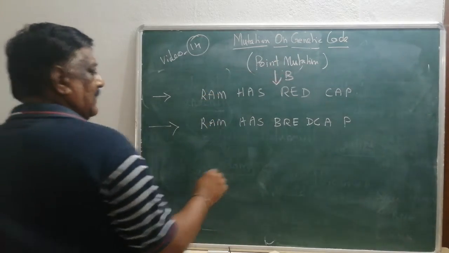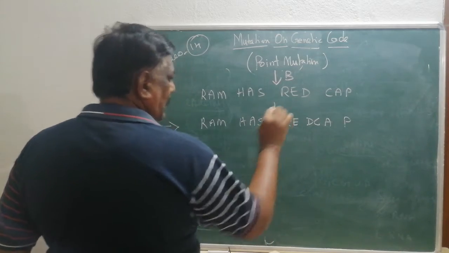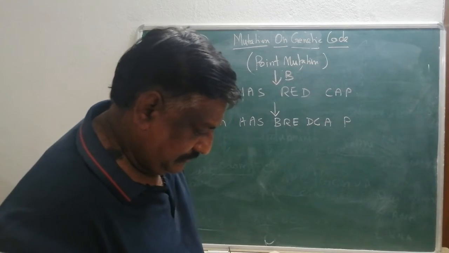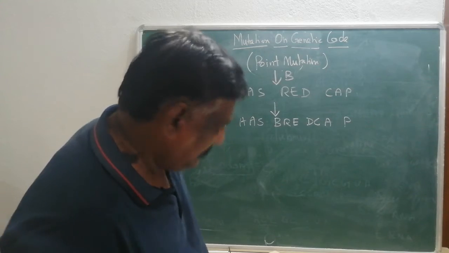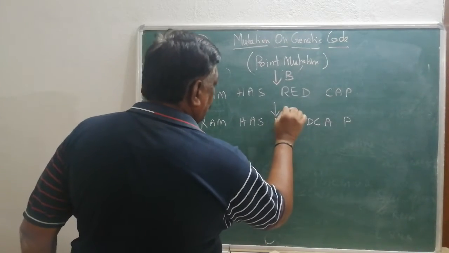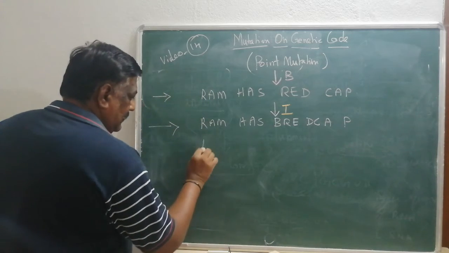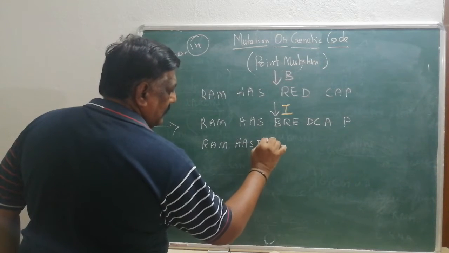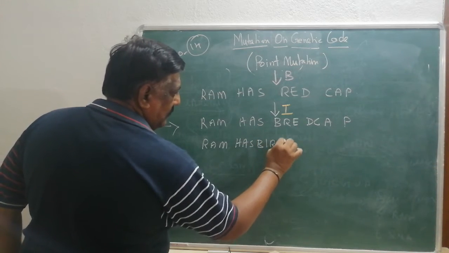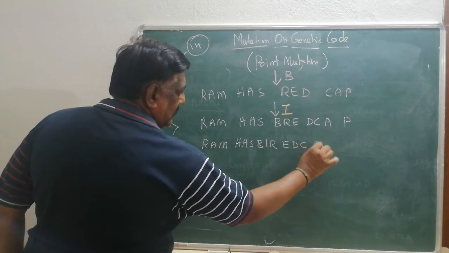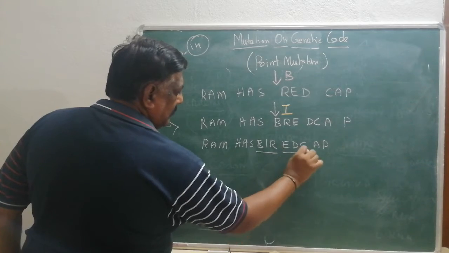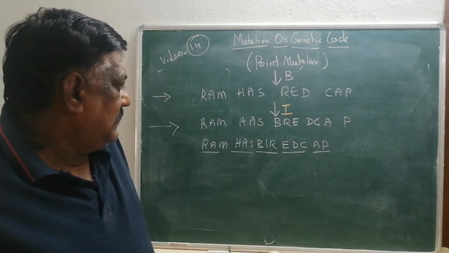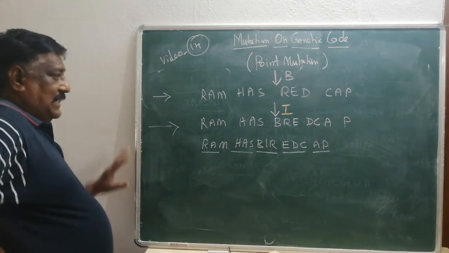Suppose in the next stage, again in the same place, in the same gene, the change continues with the letter I. Now you read: Ram has B, I, R, E, B, C, A, P. It will become like this. This is the second stage.